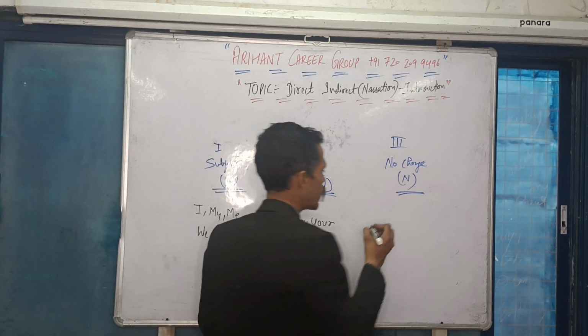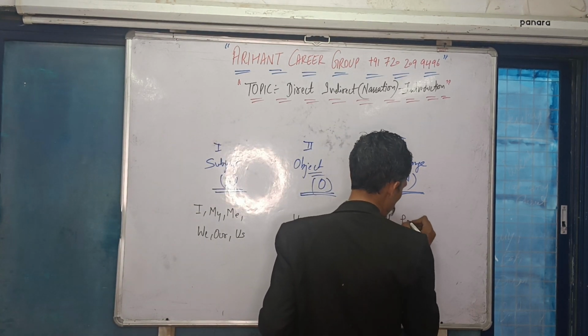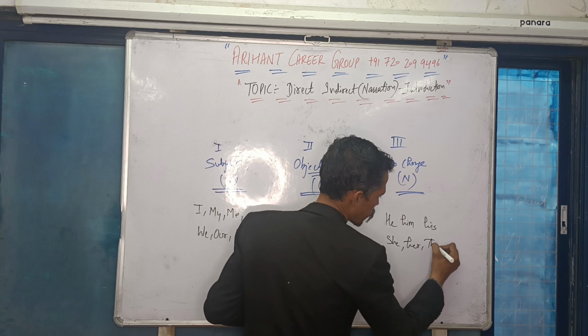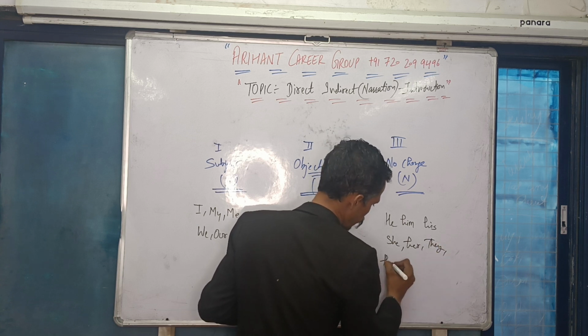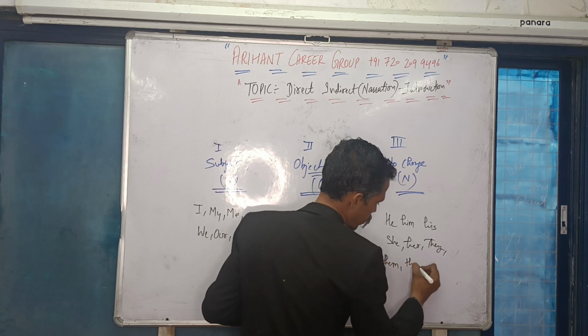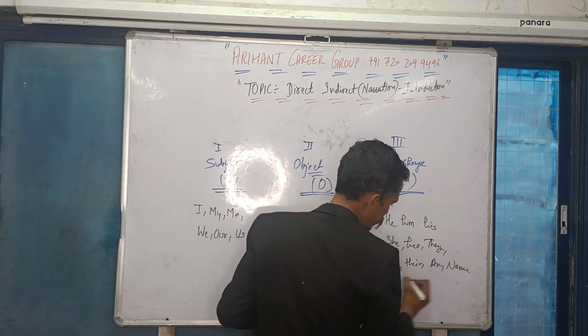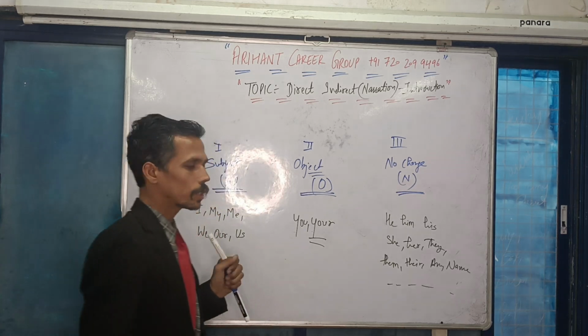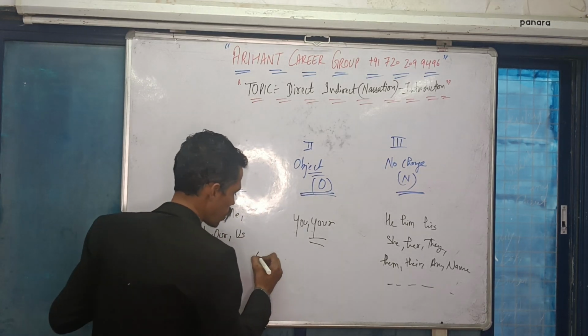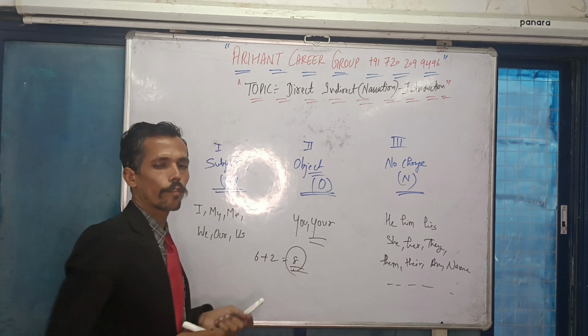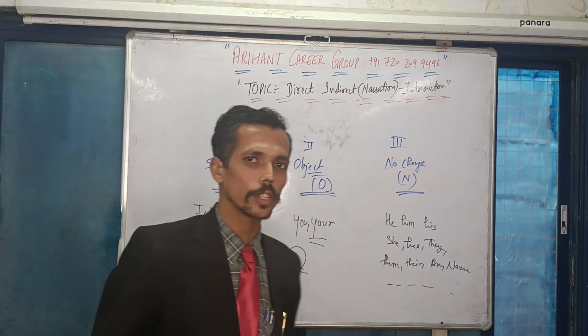For example, he, him, his, she, her, they, them, their, any name, etc. Whatever you receive other than these 8 will fall into the N category, that means no change.